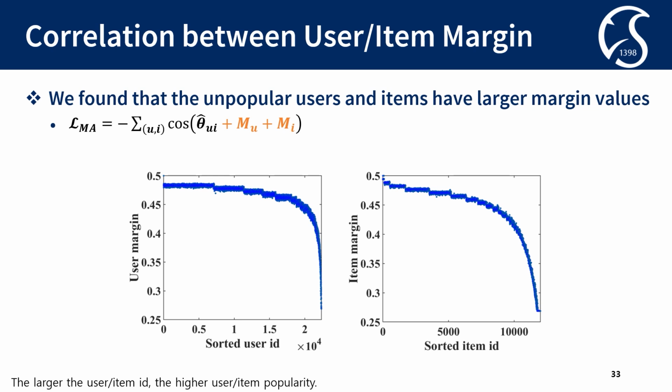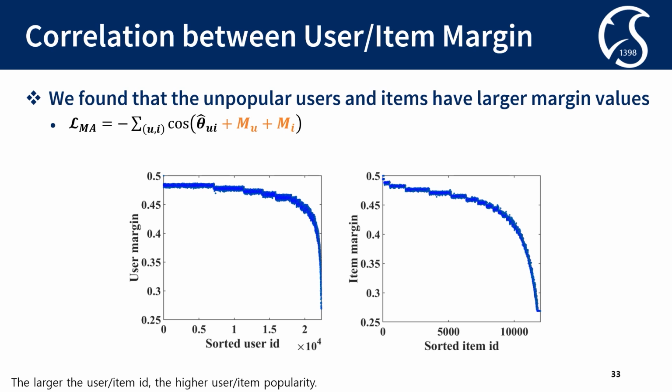That is, the margin encourages learning for unpopular users and items. Besides, the user and item margins have various margin values, respectively. This means that there are suitable margin values for each user and item.